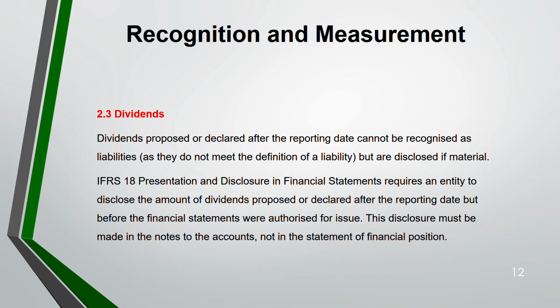So IFRS 18 requires an entity to disclose the amount of dividend proposed or declared after the reporting period, before the financial statements are authorized for issue. This disclosure you have to make in the notes, not in the statement of financial position. Very important. The place is very important. In SBR, which place you have to record, again very important.